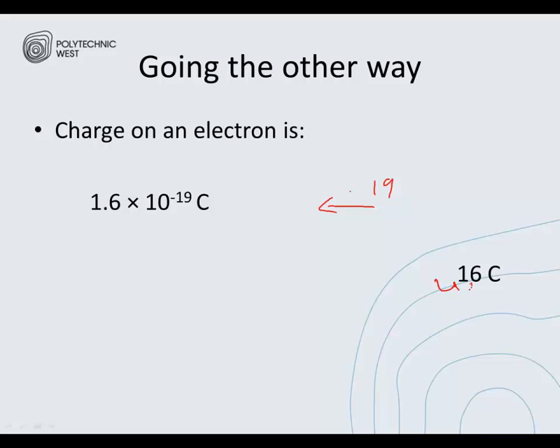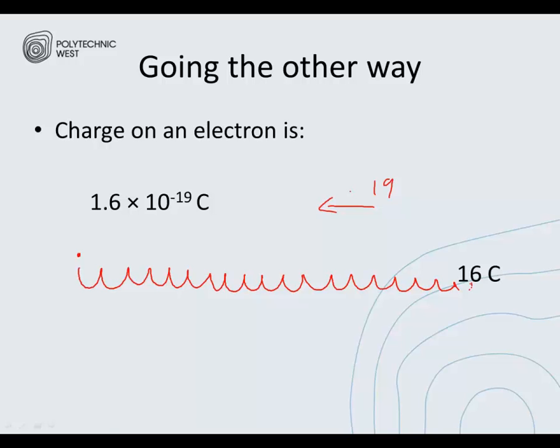1, 2, 3, 4, 5, 6, 7, 8, 9, 10, 11, 12, 13, 14, 15, 16, 17, 18, 19. So the decimal point is going to end up there.